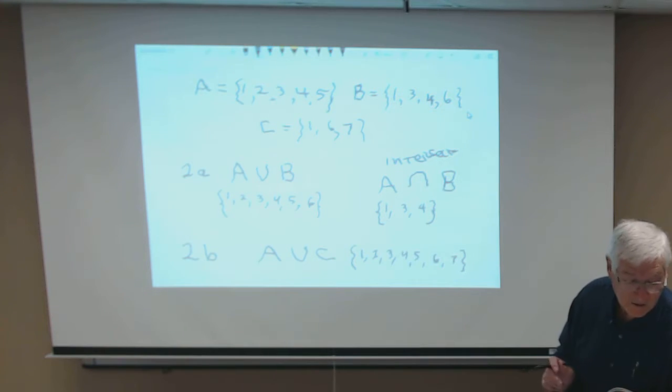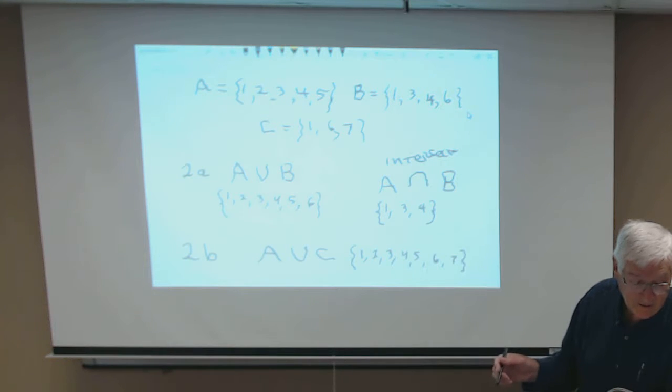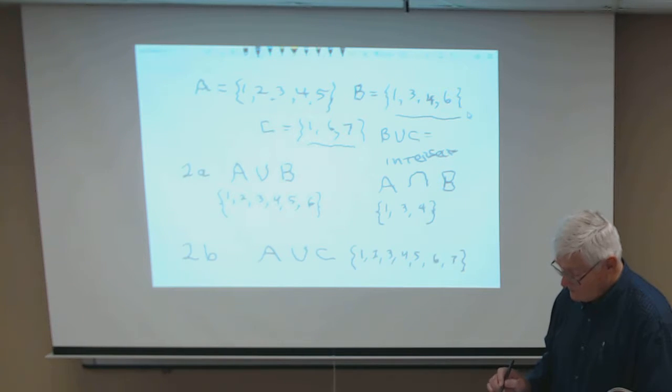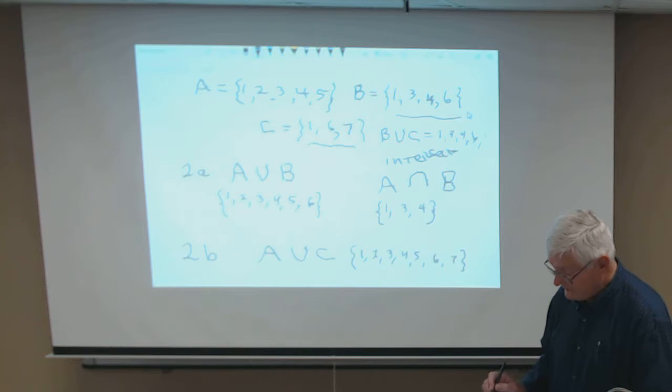So what's 2C? The union of B and C. What's B? What's C? So the union of B and C would be 1, 3, 4, 6, and 7. Everybody follow that?